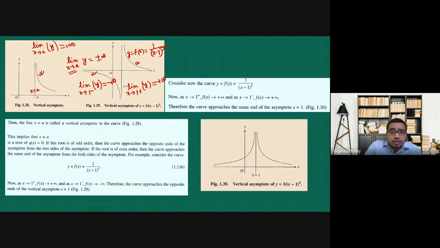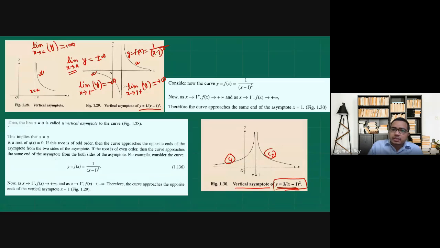So this is more or less the vertical asymptote. Now, if we take another function for vertical asymptote, both of them, this is curve C1 and C2. Actually, these two halves are given by these functions.